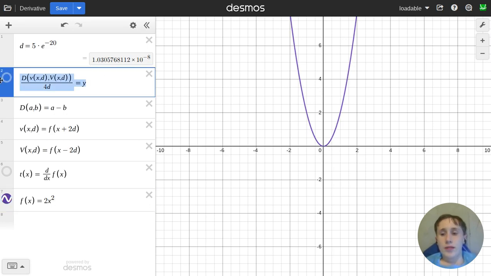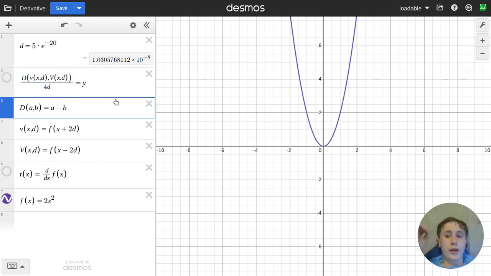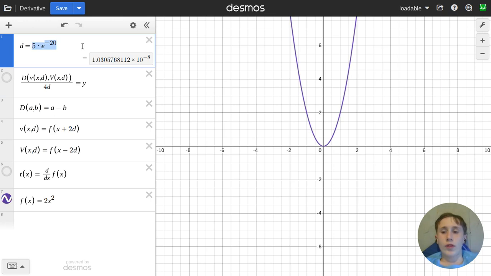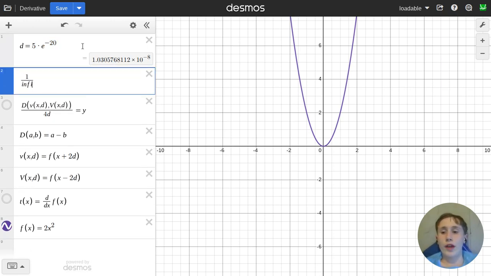And this is a symmetric definition of derivatives, but the true non-computer definition would be just going forward. And for an actual derivative, it would really be like 1 over infinity.